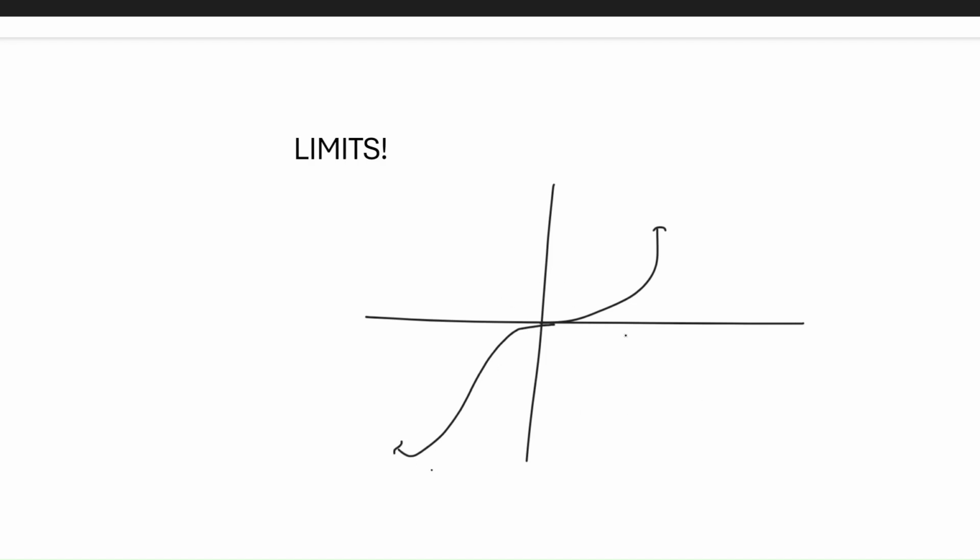So in a standard cubic graph, let's just say we had a point 1, 1. So if I told you as x approaches 1, just like our example at the beginning, you would tell me that the f of x value is 1 as well. And so that would be the graphical limits.